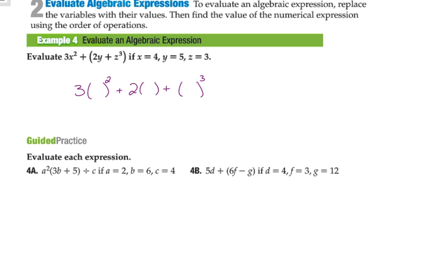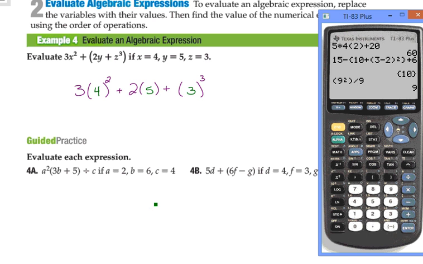Now I'm going to just go ahead and plug in the values that they tell me. They tell me that x is 4. So I'm going to put a 4 in this parenthesis. They tell me y is 5. They tell me z is 3. Now this is what I'm going to put into the calculator.